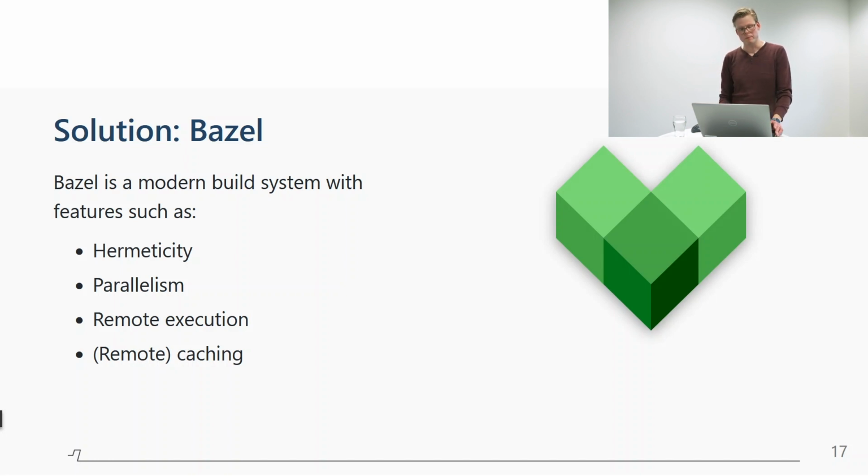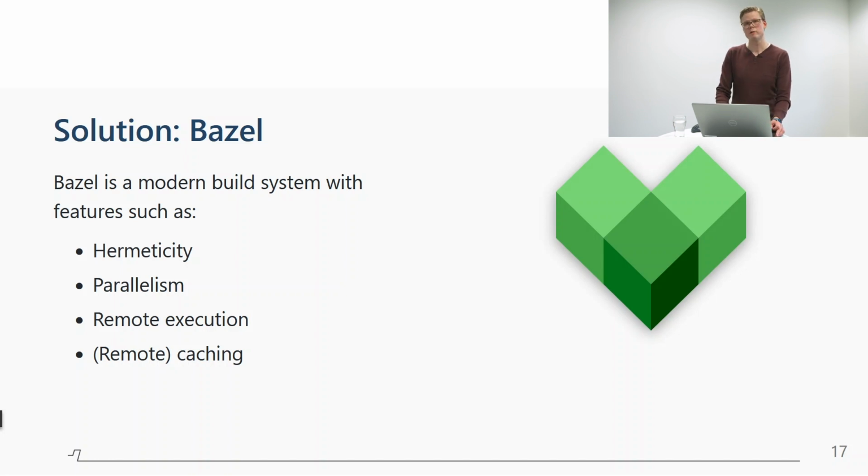But Bazel is different in the sense that it has several interesting features, such as hermeticity, which basically means that all steps in a build are executed hermetically, which means they only have access to the environment and the inputs they need. And they're run in a sandbox, for example, and this makes all those build steps entirely reproducible.